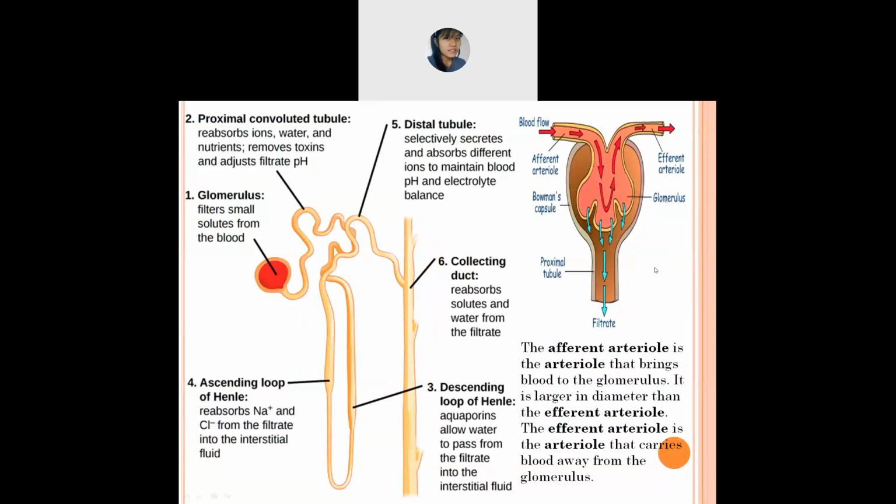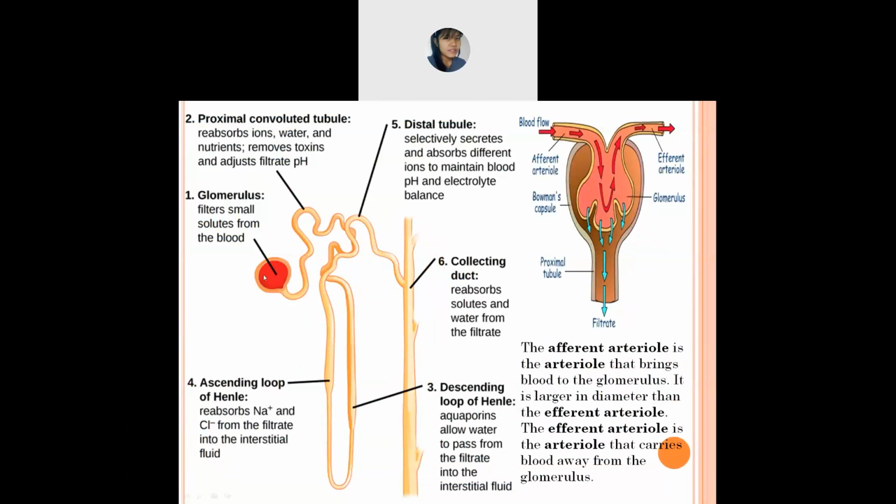What are the parts of nephrons? Name them. Glomerulus.